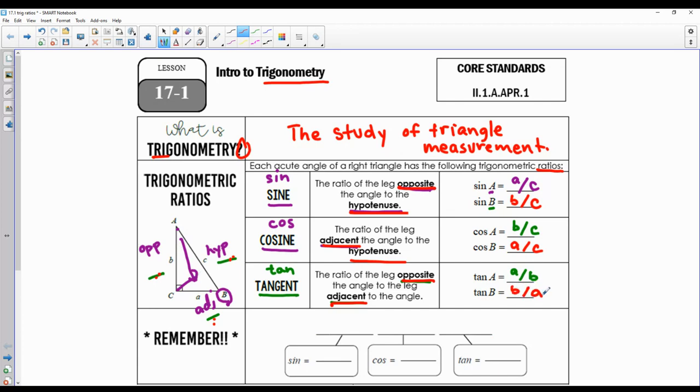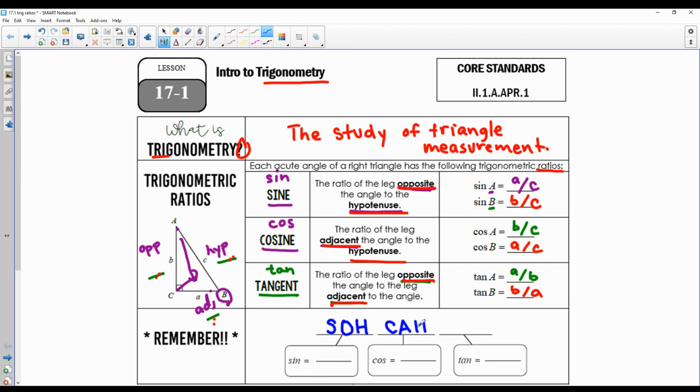Now you're thinking, how in the world am I ever going to remember all these opposite, hypotenuse, adjacents, and all that lovely stuff? Well, don't worry. We've got a little acronym that's going to help you remember it. It's kind of a nonsense word, but it is SOH CAH TOA.